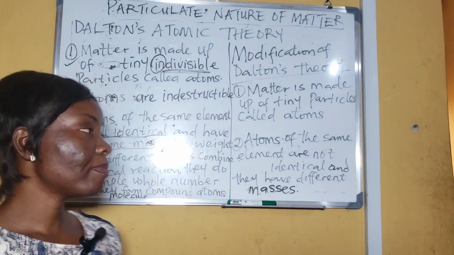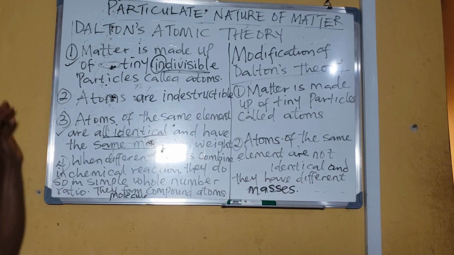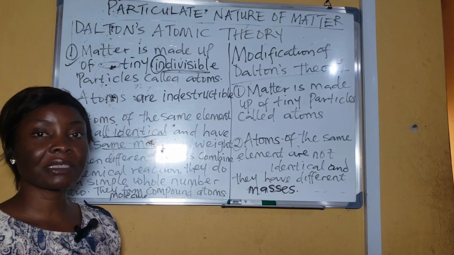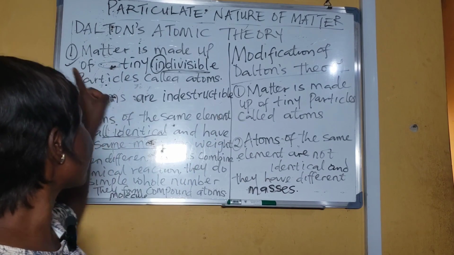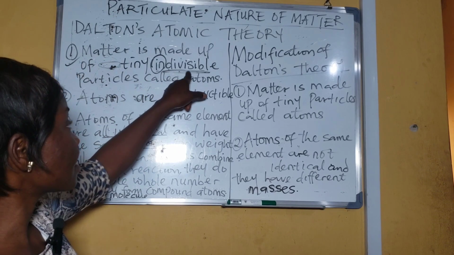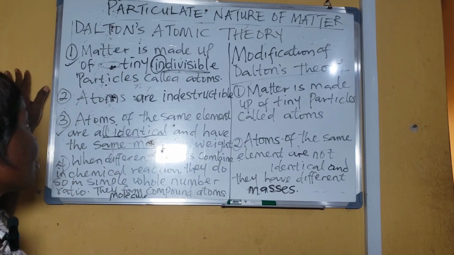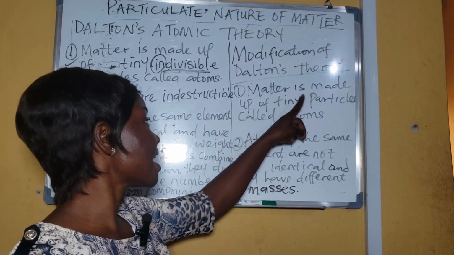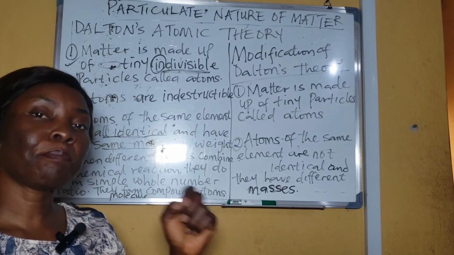All right, remember that the first one and the second one have been modified due to discoveries by scientists. So instead of stating this as matter is made up of tiny indivisible particles, it is now stated as matter is made up of tiny particles.